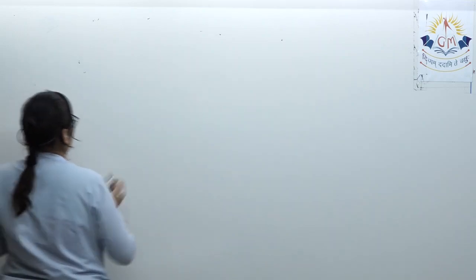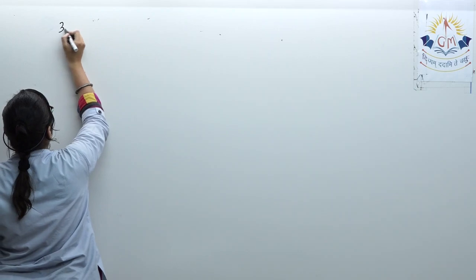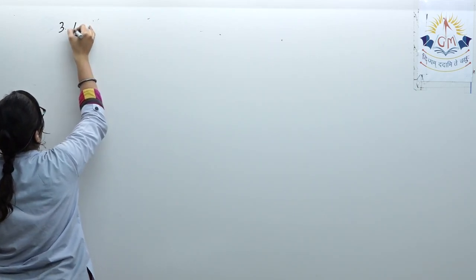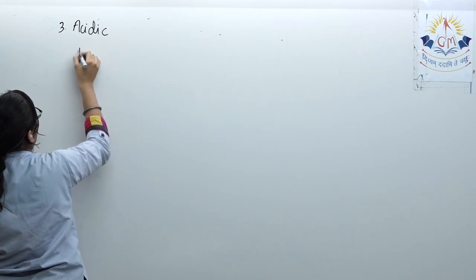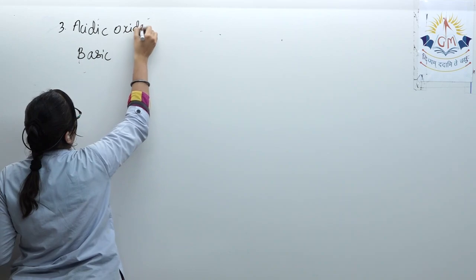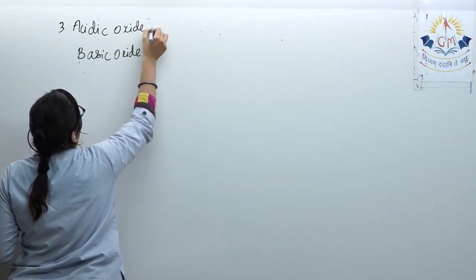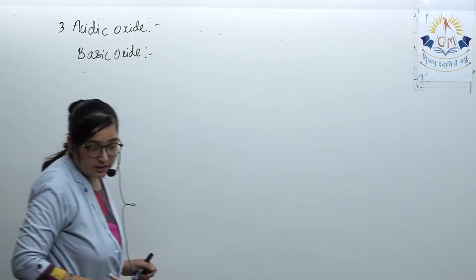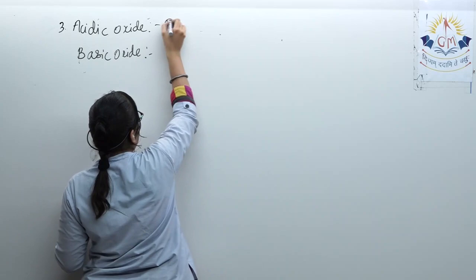So here it is, third answer: acidic or basic oxide. Phosphorus pentoxide will come as acidic oxide.